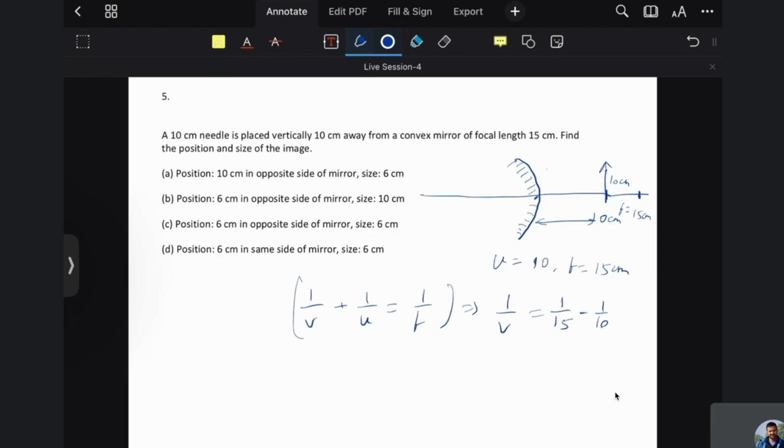We can calculate it. So this will be 2 minus 3 over 30, minus 1 by 30.